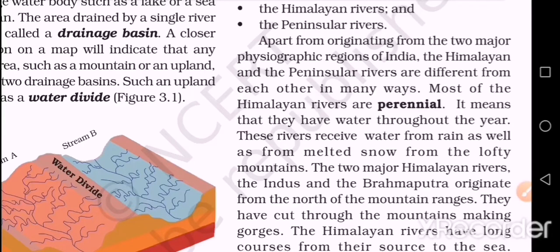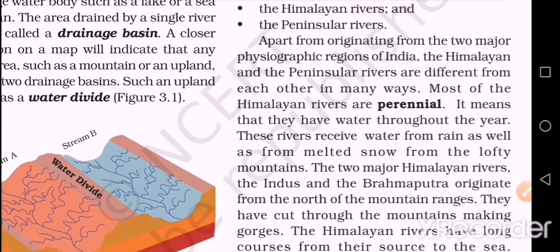First of all, Himalayan rivers are perennial rivers. What do you mean by perennial? Perennial means they have water throughout the year. As these rivers originate from the melted snow of the lofty mountains, they don't depend on rain alone. So these rivers are perennial.